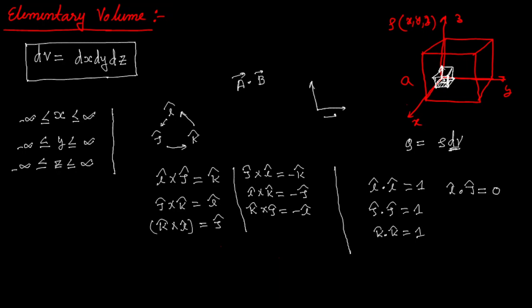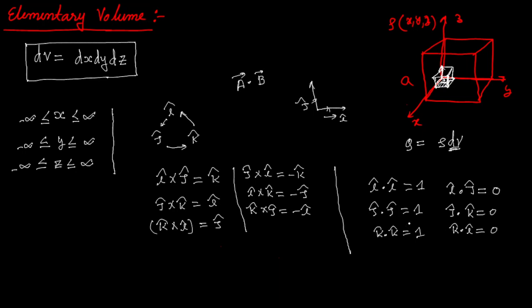That means if i cap is along this direction, then j cap will be along this direction. So when you take the projection of this j cap along the x-axis, it will give you 0 projection. So the dot product will be 0. And similarly, if you take the dot product of j cap with k cap, that will also give you 0. And then k cap with i cap will also give you 0.